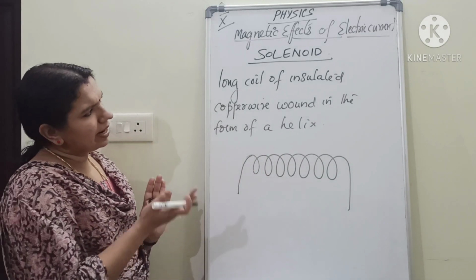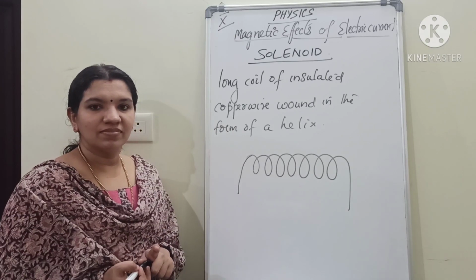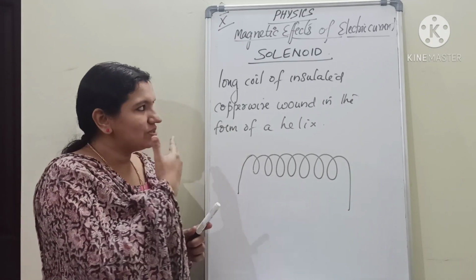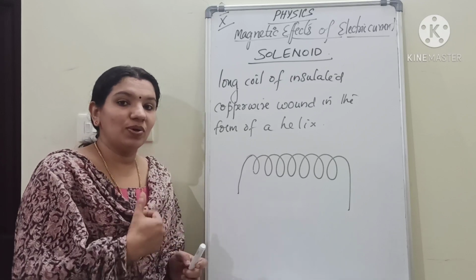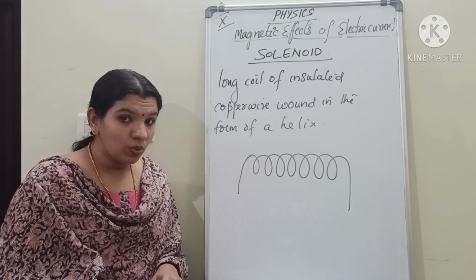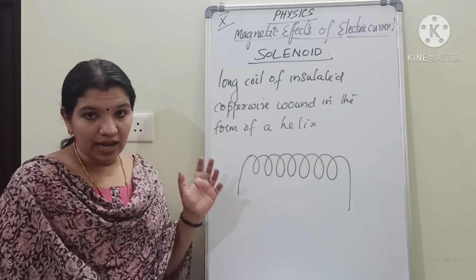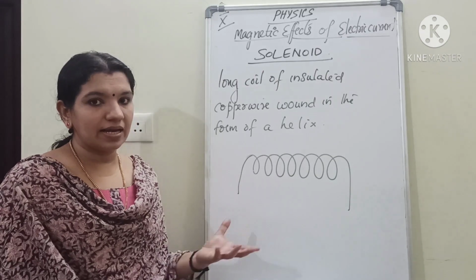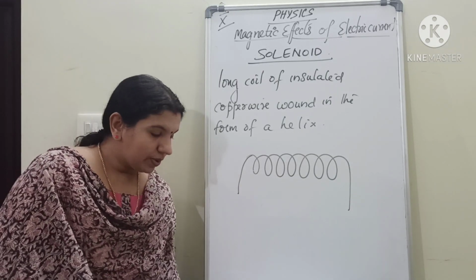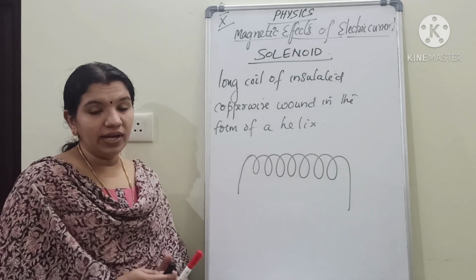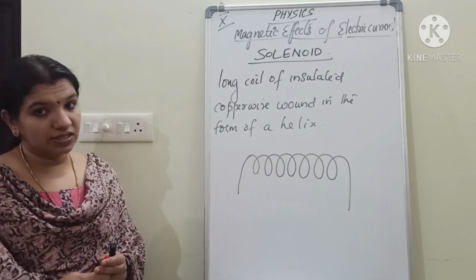Now, how is it connected to magnetism? Or how can you change this solenoid to a magnet? Yes, since it is a current carrying wire, copper wire is a current carrying wire, you can connect this solenoid to the ends of a battery.